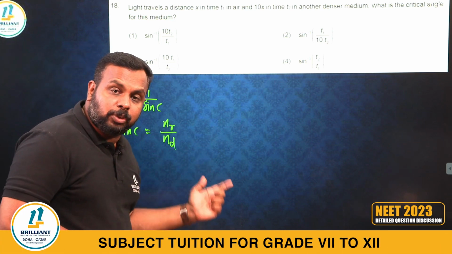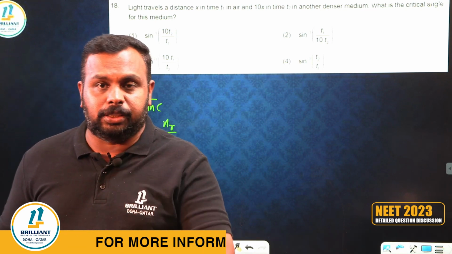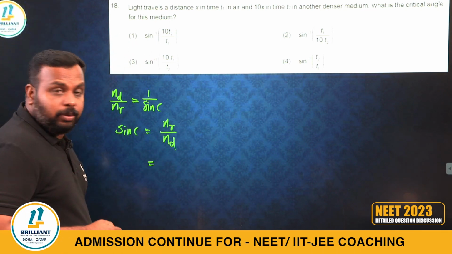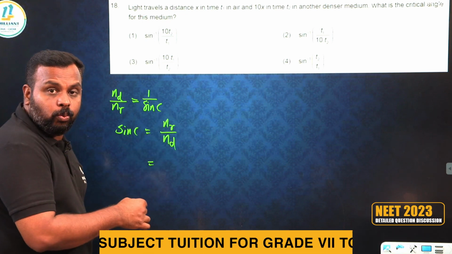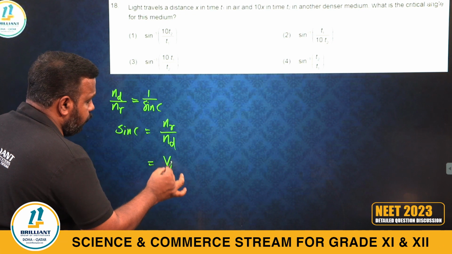This is in terms of refractive index. You know the relation between refractive index and velocity in a medium. N is equal to C by V. So NR is C by VR and ND is C by VD. So we get this as VD by VR.